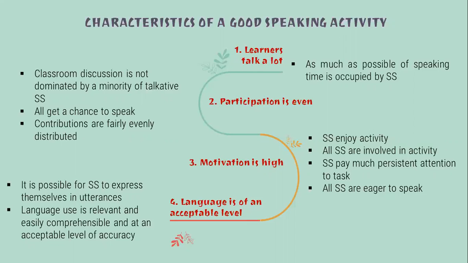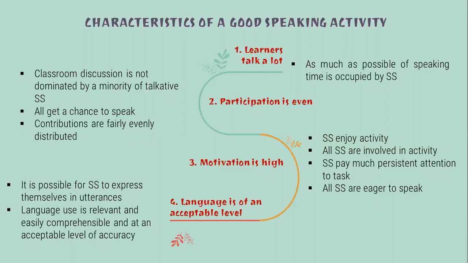The second one is participation in events. Classroom discussion is not dominated by a minority of talkative students, and all students get a chance to speak, and contributions are fairly evenly distributed.